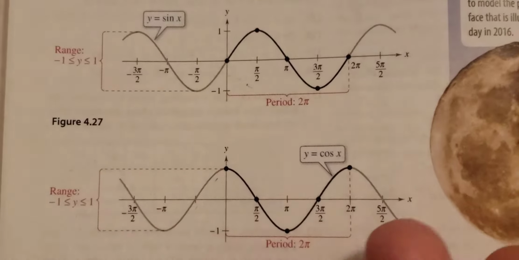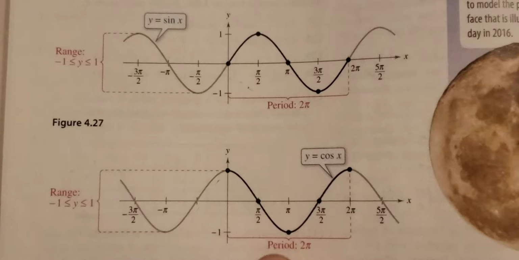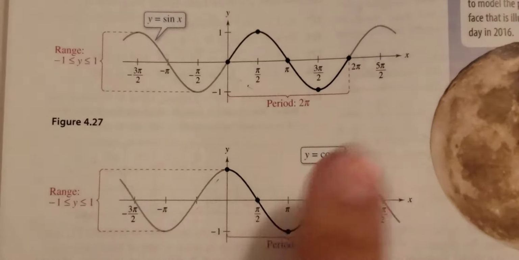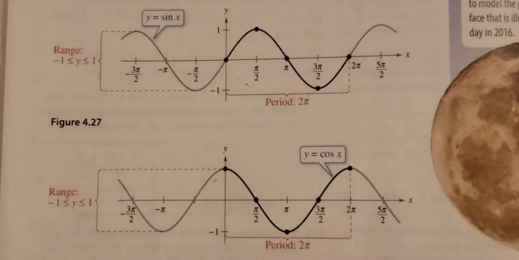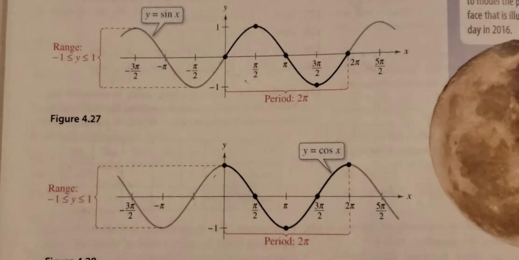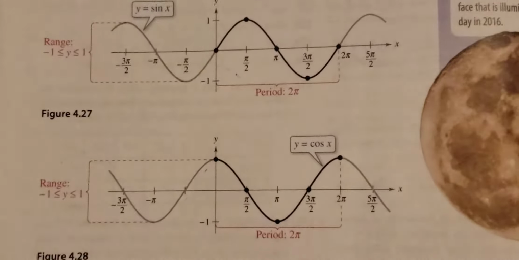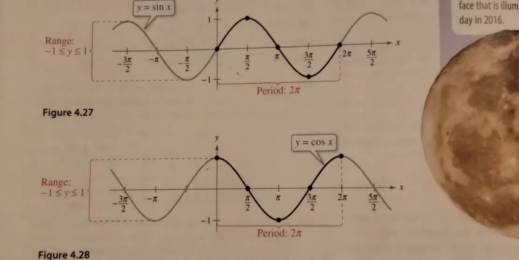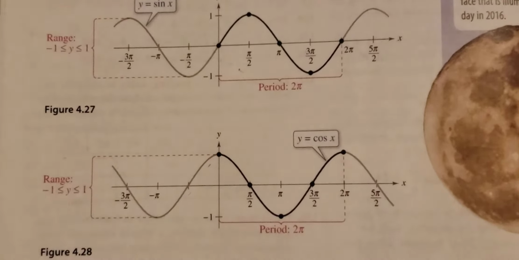But if you notice, it goes as far as 1 to the top and as low as -1. So it's still the same range. Again, our period is 2 pi. We're only looking at this much of it. It would be impossible to see the entire graph because obviously it's infinite on both ends.